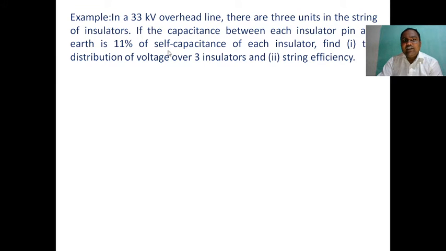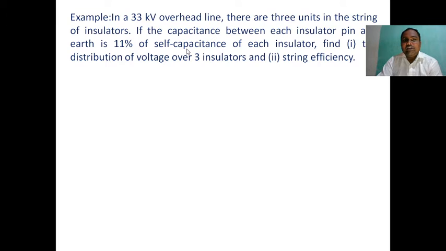What is given in the data? In a 33 kV overhead line there are 3 units. First draw the diagram of 3 units. If the capacitance between each insulator pin and earth is 11% of the self capacitance, C1 is equal to 11% of C. What about K?